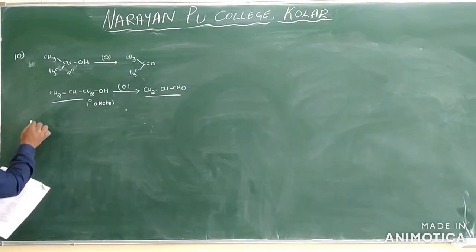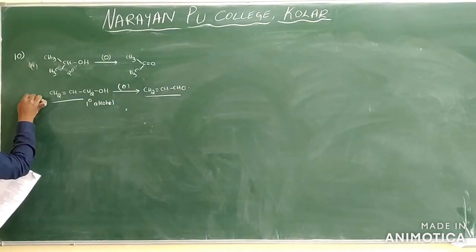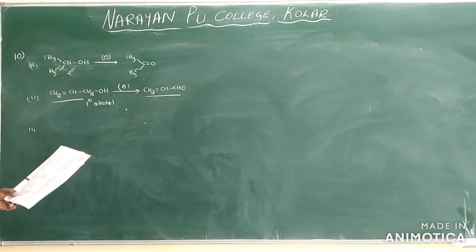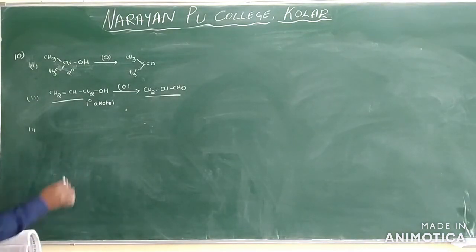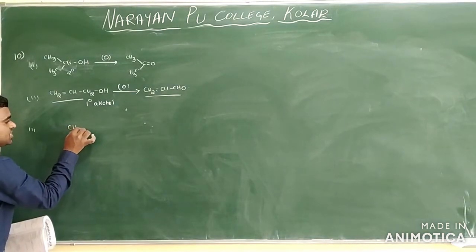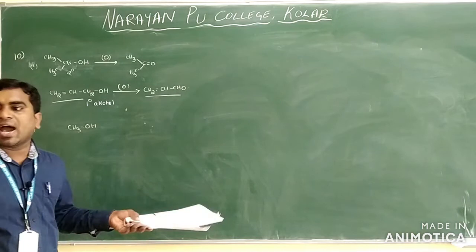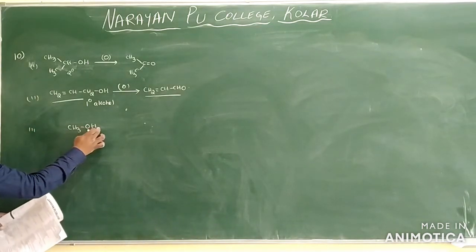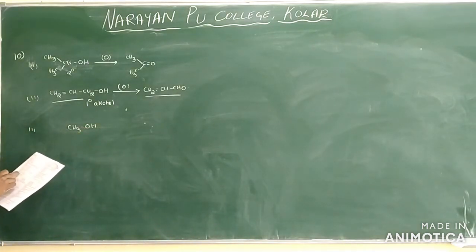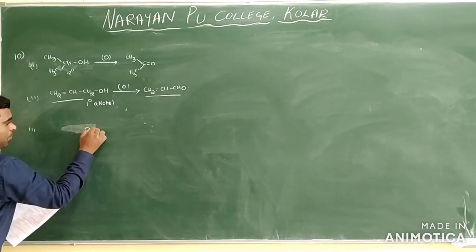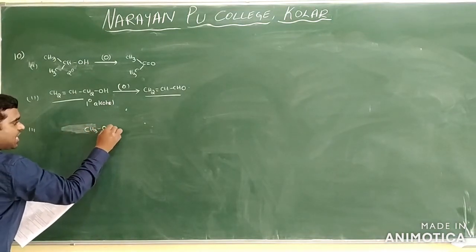Next, the third one. This is the first one, the second one, and here the third one. What have they mentioned? Methyl ethyl carbinol. Carbinol means CH3OH. Methanol can also be called by the common name carbinol.